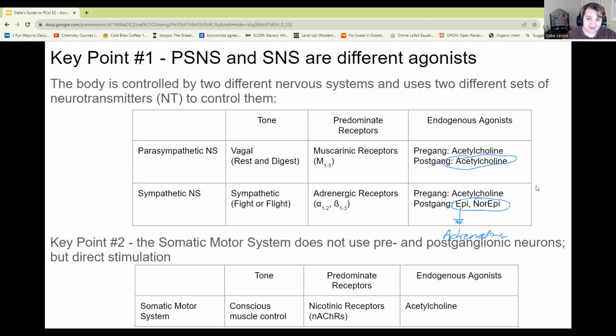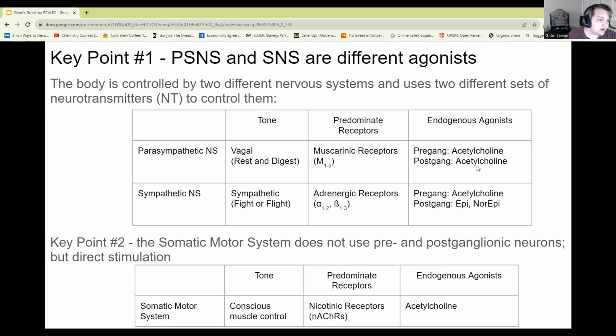So if you go way back to biochem, you'll remember that the nerve comes in and that stimulates the release of calcium, which then the myosin head, and I don't even remember it all. But essentially, you have a direct stimulation of the nicotinic receptor, and that's going to cause the muscle contraction.